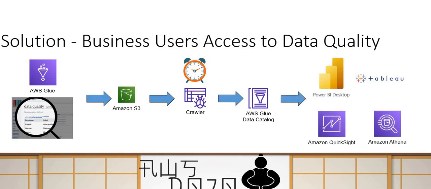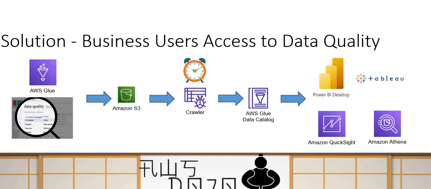And then when you generate a catalog out of it, you can use any of the reporting tools, like I said, QuickSight, Tableau, or Power BI, to visualize the data quality through reports. You can also use Amazon Athena for ad hoc query purposes, but for that you have to go to the console.